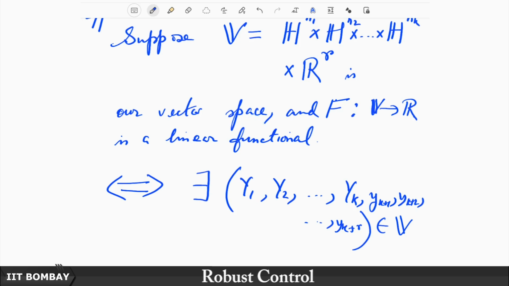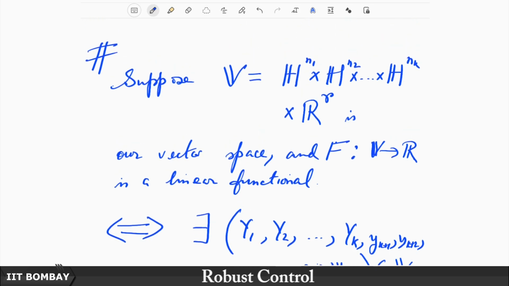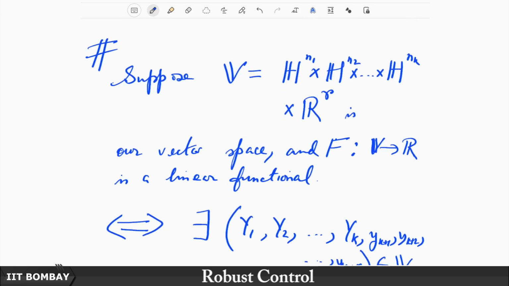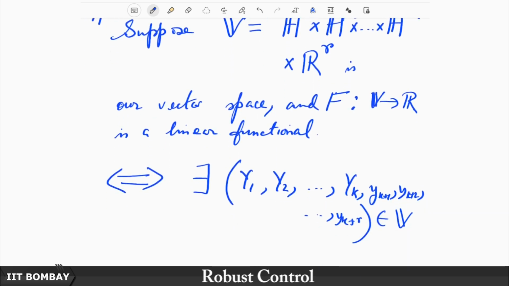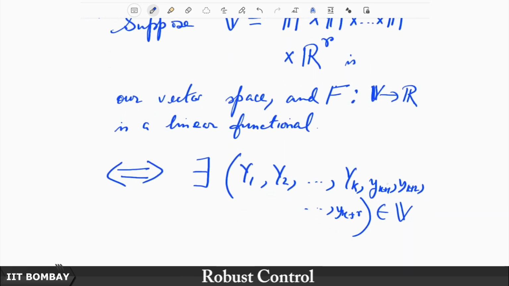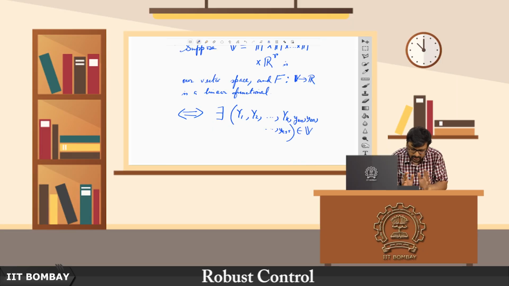So, this just means that y1 comes from h n1, y2 comes from h to the n2, yk comes from h to the nk, and yk plus 1 comes from r, yk plus 2 comes from r, or rather you can also stack them up together and say that yk plus 1 through yk plus r comes from r to the r. Nonetheless, they are just a bunch of r real numbers. But this overall object, when written in this fashion within this bracket, is a member of this particular vector space. That is how a typical member of the vector space looks like.